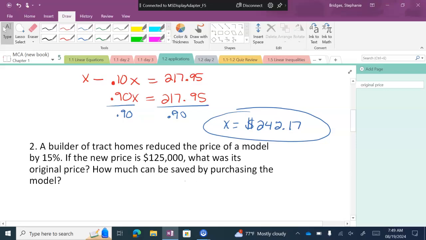My original price is what we're looking for, so that's the unknown. That's what we're going to call X. This time I have a 15% discount, and the new price is $125,000.